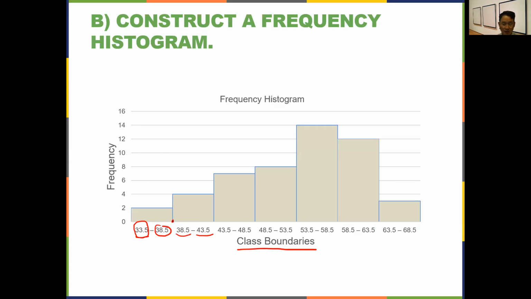You can just say this point is 33.5 and this point is 38.5 and this point is 43.5 and 48.5, 58.5, and this is 63.5, and the last one is 68.5, right? You can just write it like that. And the first bar goes up to 2 frequency. The second bar, second class, goes up to 4. And what was the next one? Goes up to 7, I guess.